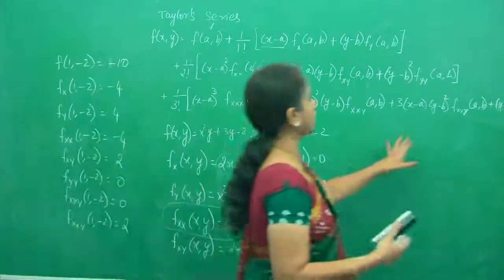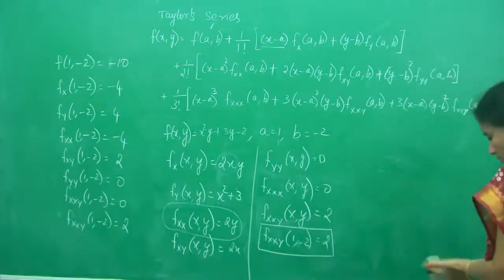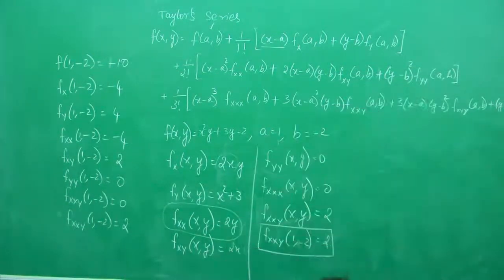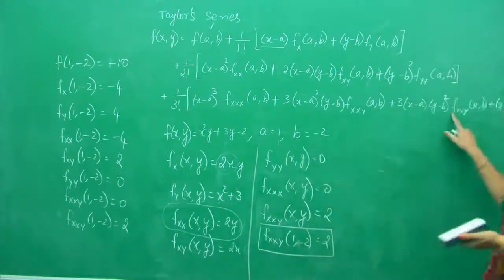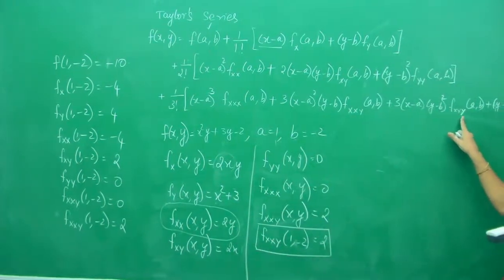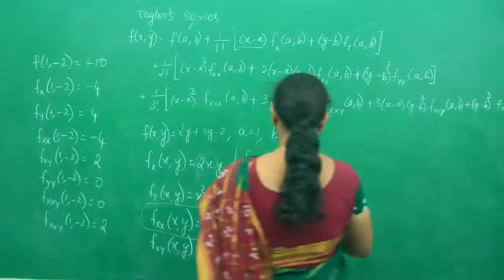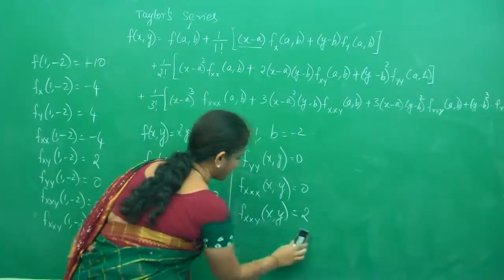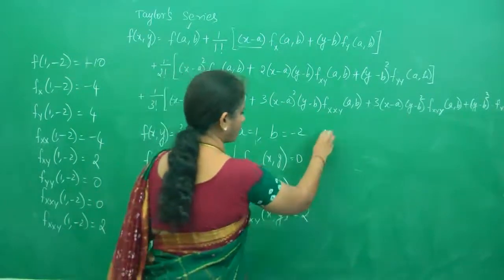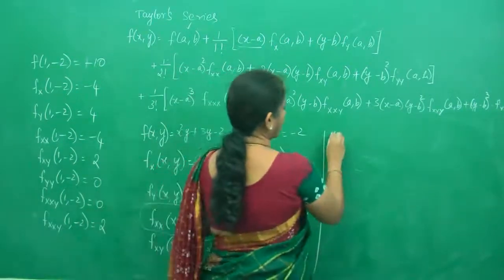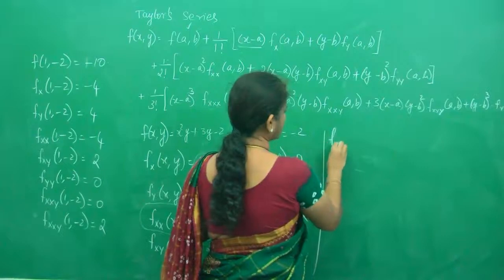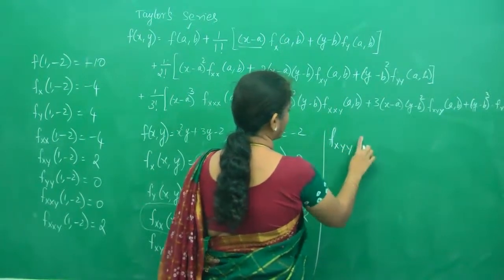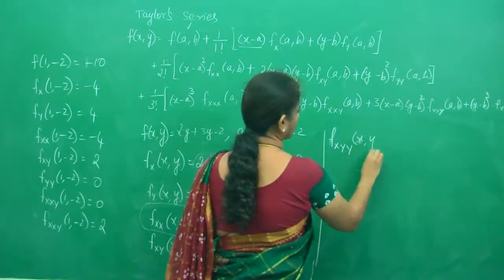Okay. Then 2 more are there. Very simple. Next is fxyy. fxyy of xy we do first, you know that.